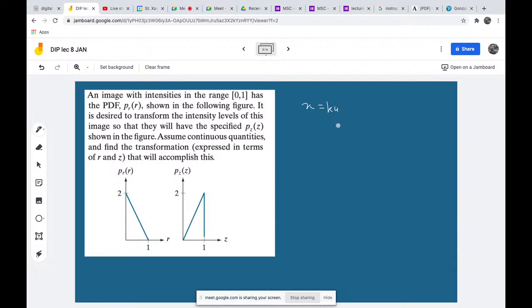So if this is my y and this is my x, I want to find out k. So k is a ratio, something like that. That approach should work. Yeah, somebody is telling me something. Can you go ahead?